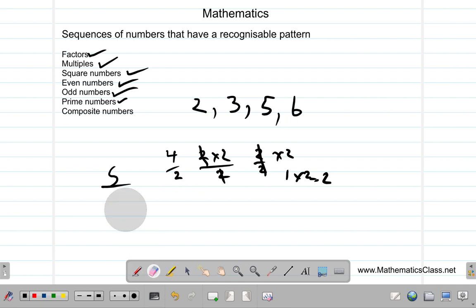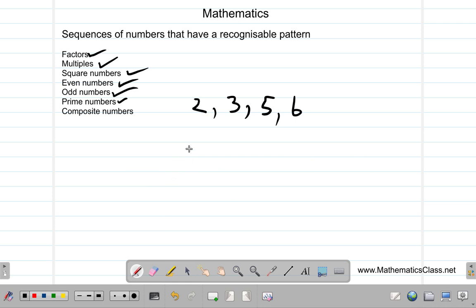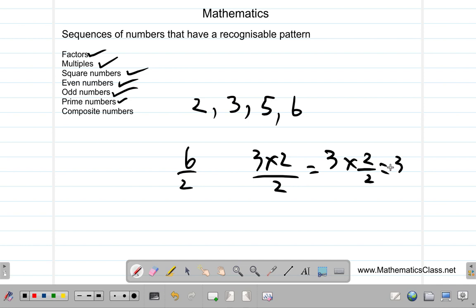About 6. If you try it with 6, 1 can go into 6, and 6 can go into 6 without a remainder, but we want to see if any other number can work. 2 into 6: 3 times 2 over 2 is the same thing, and 2 over 2 is 1, so 3 times 1 is 3. So 2 can go into it, and 3 can go into it too.